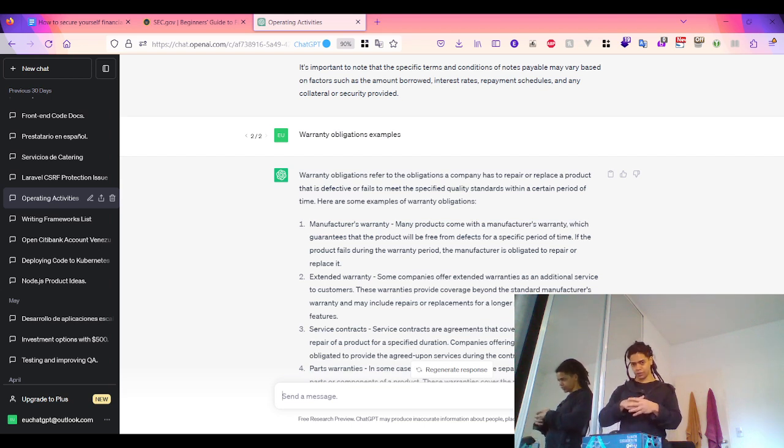Okay, and the second part is the investing activities, where you review the cash flow from investing activities. Generally, this involves the purchase or sale of long-term assets.